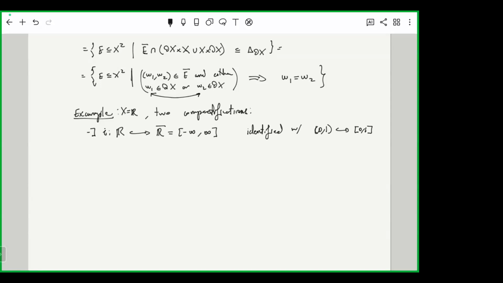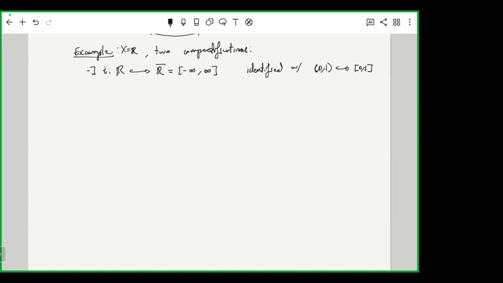And what is the topological coarse structure for that? So let's see. Now I want to consider a subset of X squared, so of the plane, and I will see this plane inside a square. So this is the square of a closed interval.